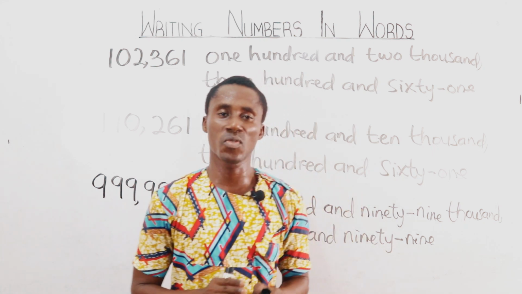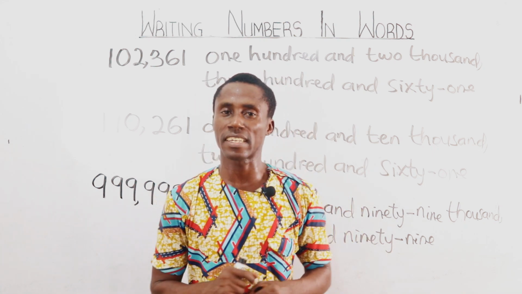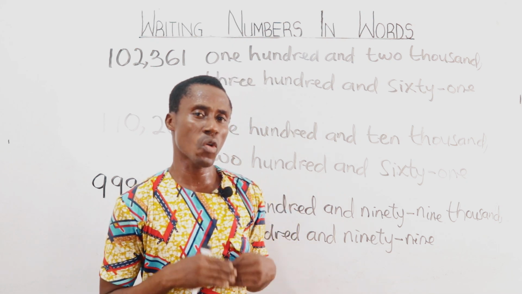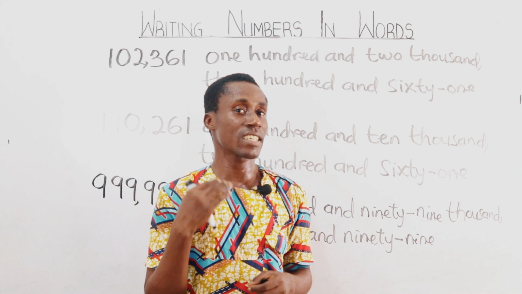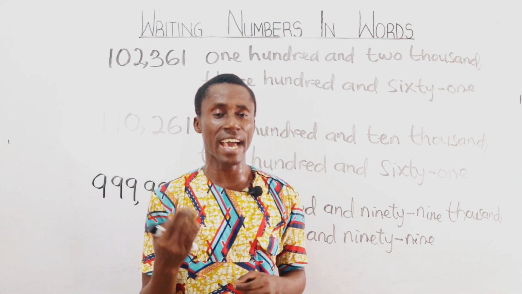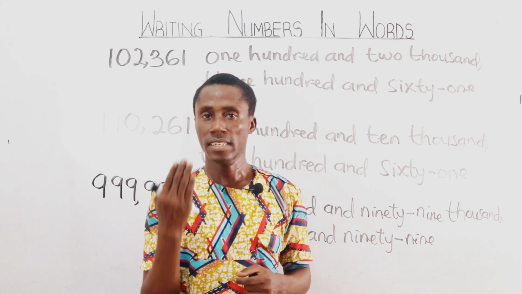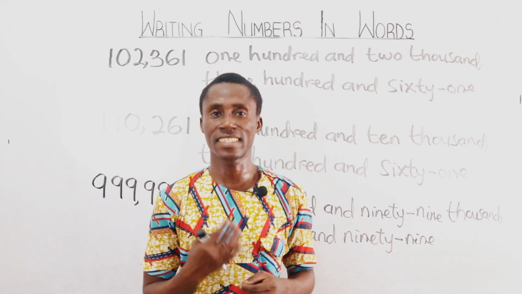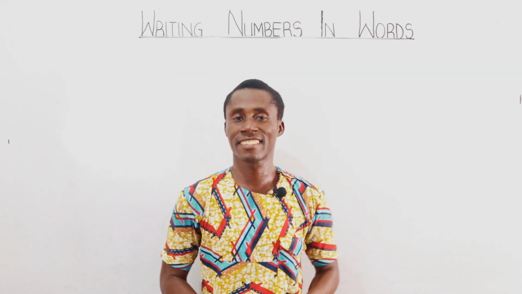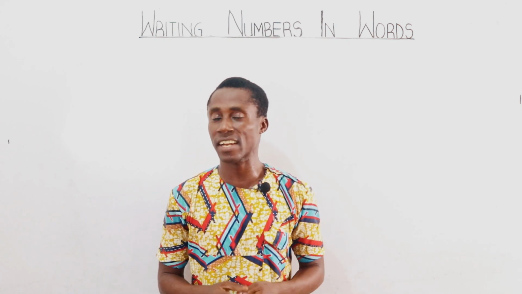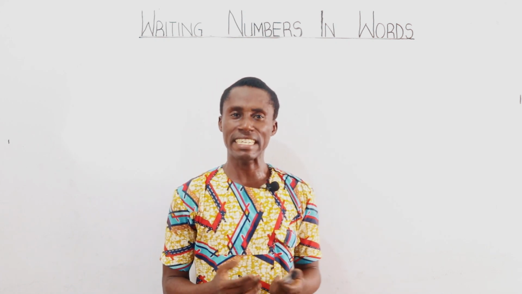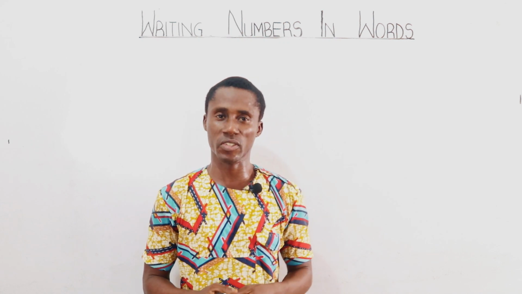So now we know how to write the numbers from 100,000 to 999,999. Well, this brings us to the end of part 1 of writing numbers in words.